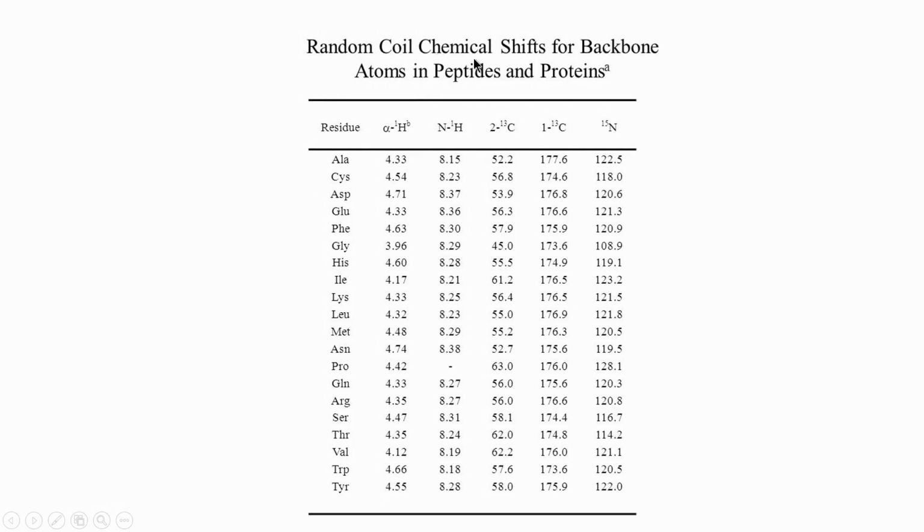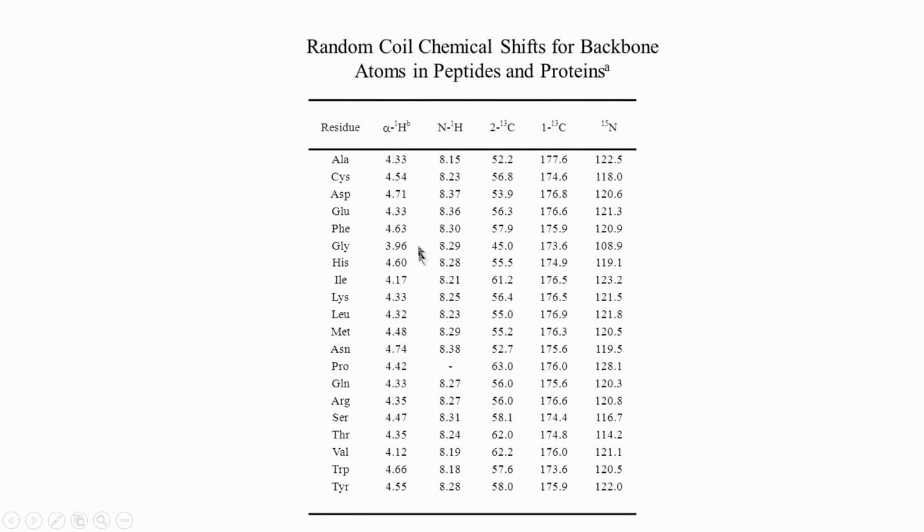These are random coil chemical shifts for the backbone atoms. You can see here the alpha proton, amide nitrogen, amide proton, C alpha carbon, carbonyl carbon, and the backbone nitrogen. So, these are the different values given here. This is typically a chart that will be used for the CSI method.